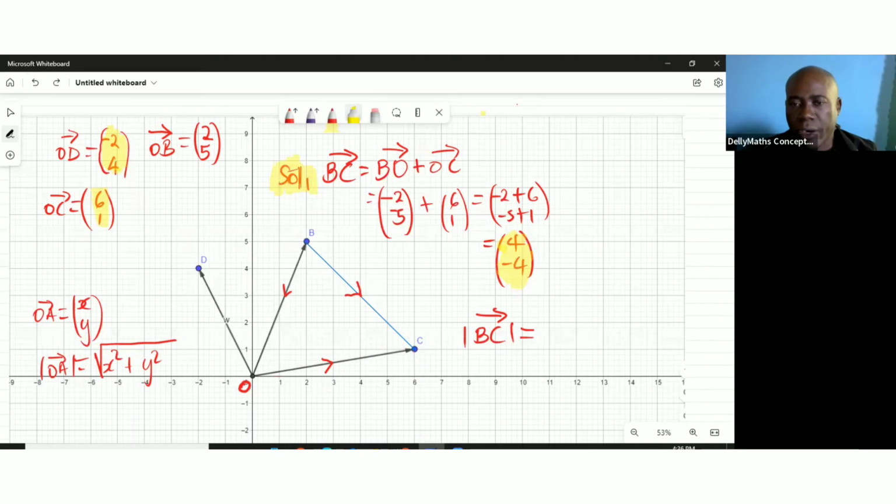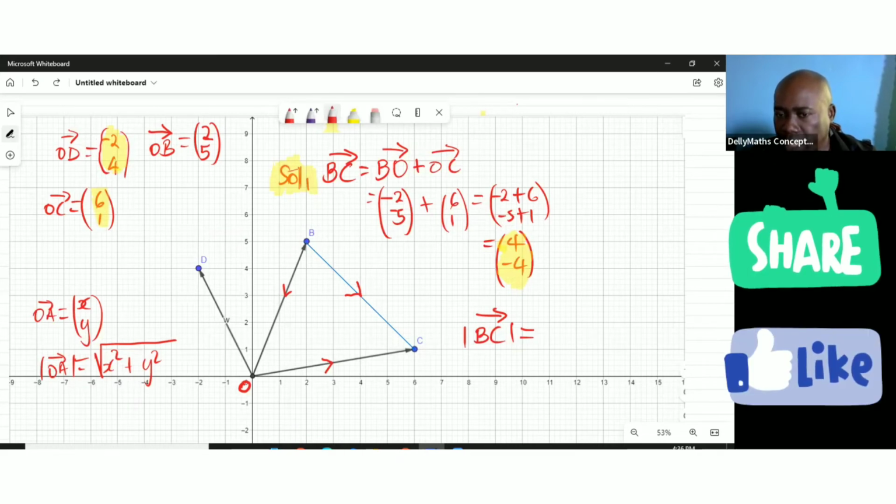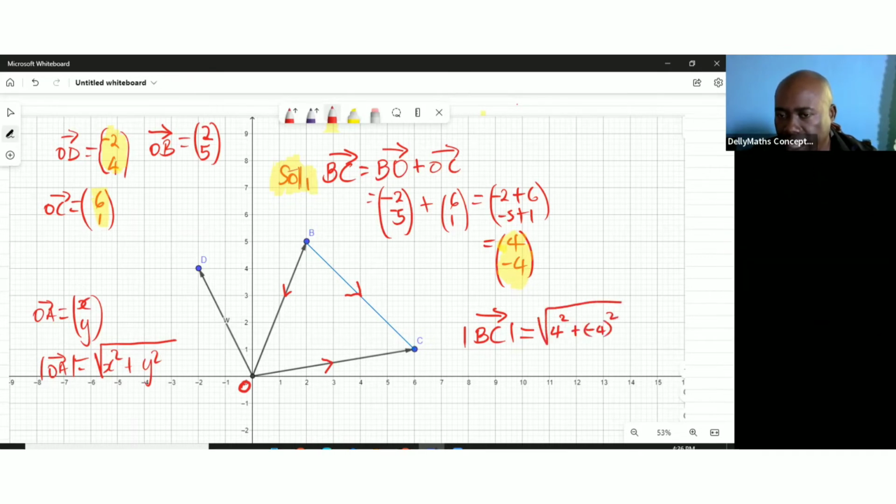So then, having had the components of BC, we're simply going to use Pythagoras' theorem. So it's 4 squared plus -4 squared, and then I take the square root. I'll get 16 plus 16, and then the square root of 16 plus 16, which is the square root of 32.